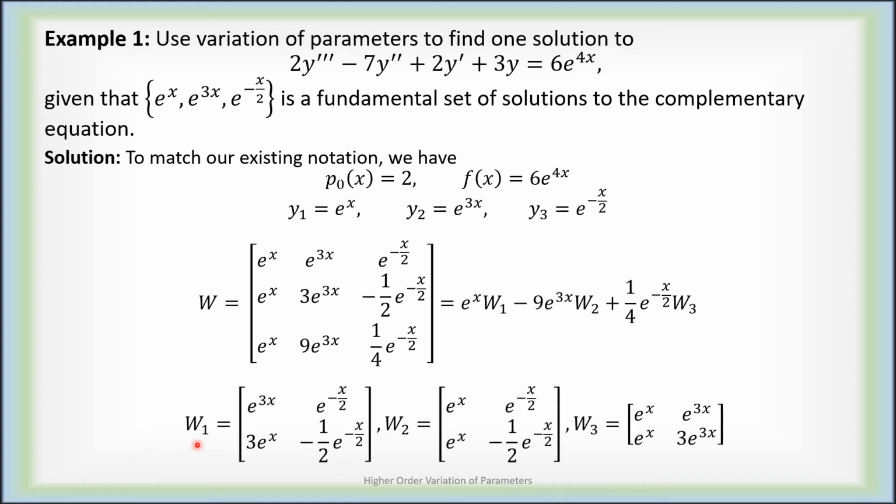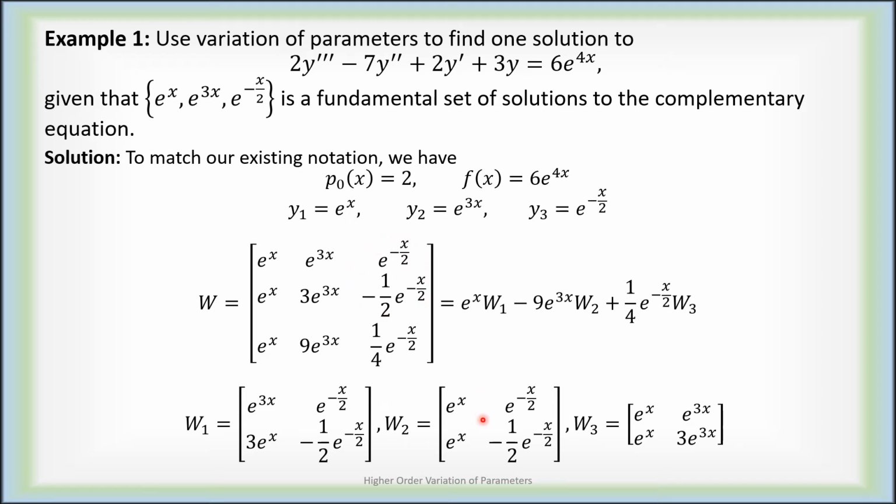All right, so W1 is the determinant of the matrix formed by striking out the last row and first column, leaving behind these 4 entries here. W2 is the matrix formed by striking out the last row and the second column, leaving behind these 2 e to the x's and these 2 entries.